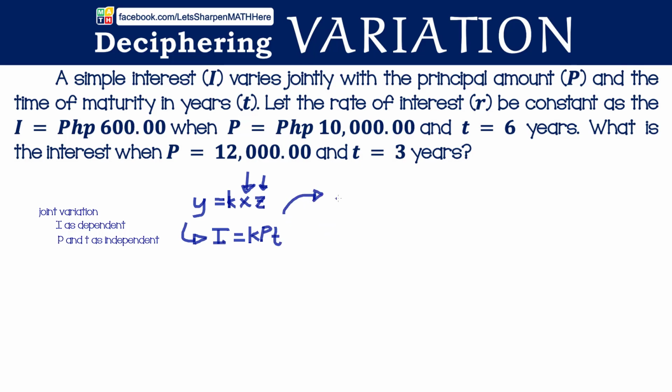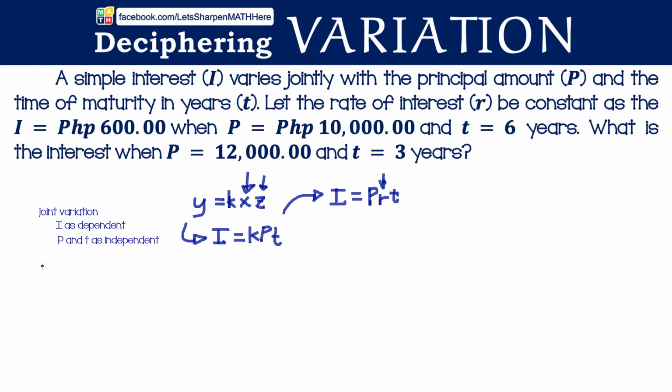Actually, the formal formula is given as I is equal to the product of the principal amount, the rate, and the time. The rate is our constant of variation for this problem, that's why I'm just labeling it k. Don't worry about that, because we will be solving k first, that's r, and then applying that for the next situation.